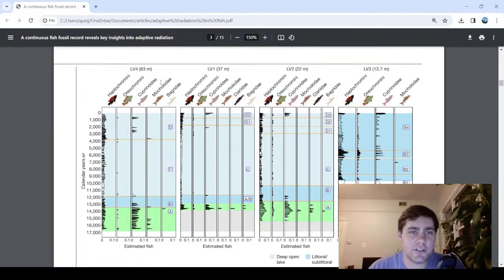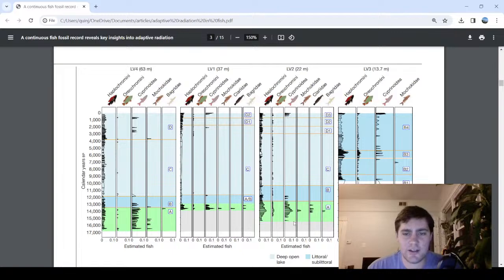Oh, he's over here too. So estimated fish. Okay, these are the different core sites. And what's interesting is that it seems like they're pretty constant throughout, but the cyprinoids just always drop off, it seems like. Huh. But then they also have a rise here, so I wonder what that could be.